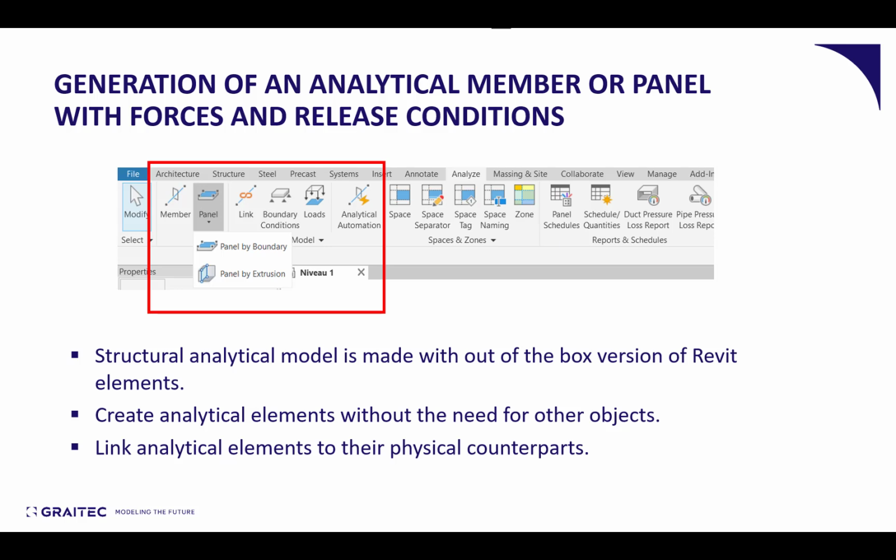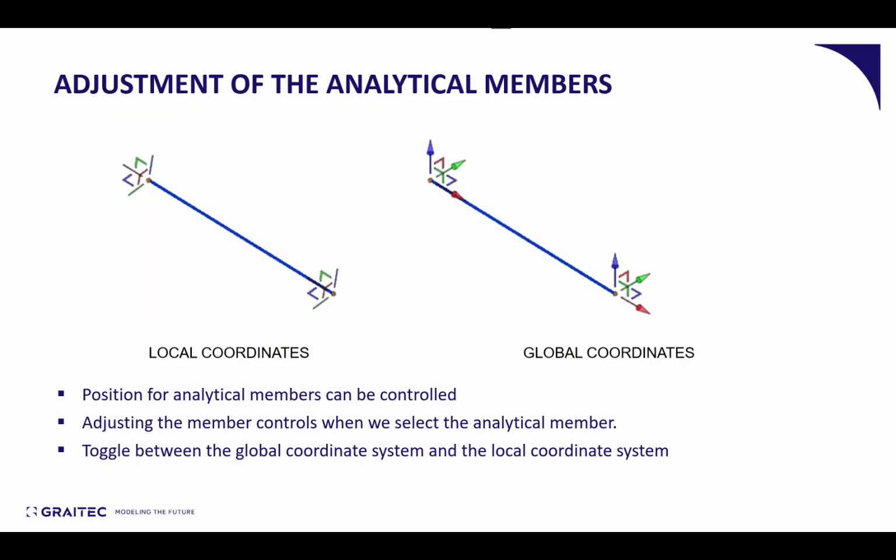The analytical model in Revit is now composed of two concepts in the software. The concept of member, which is useful for beams and columns, obviously, and the concept of panel for surface elements. This analytical model now is very flexible.